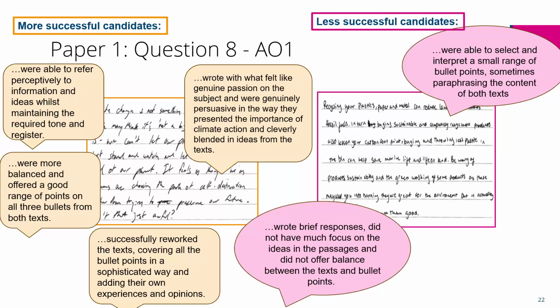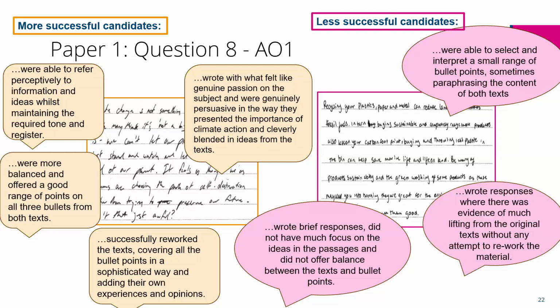They wrote brief responses, did not have much focus on the ideas in the passages, and did not offer balance between the text and bullet points, and wrote responses where there was evidence of much lifting from the original text without any attempt to rework the material. So moving on now, that's our AO1. Is it necessary to address the 3 bullet points in order? No, not necessarily in order, but it is necessary to address them.